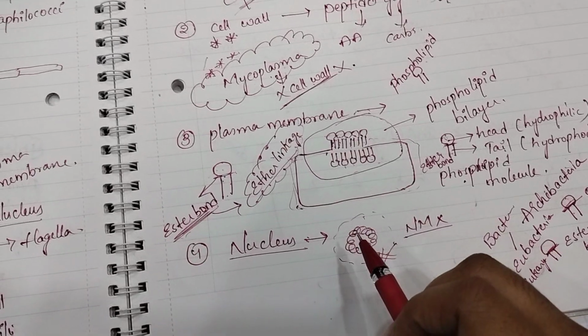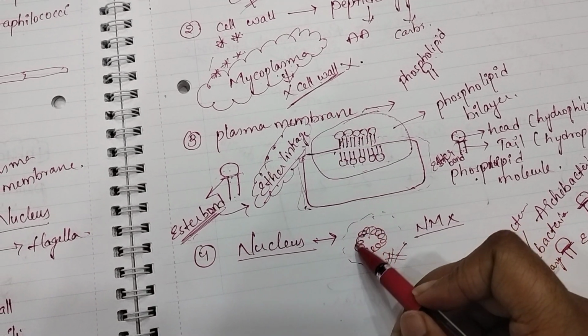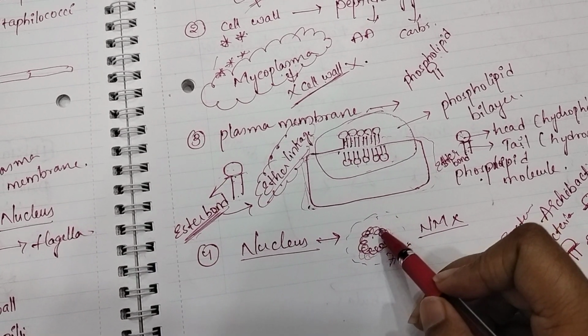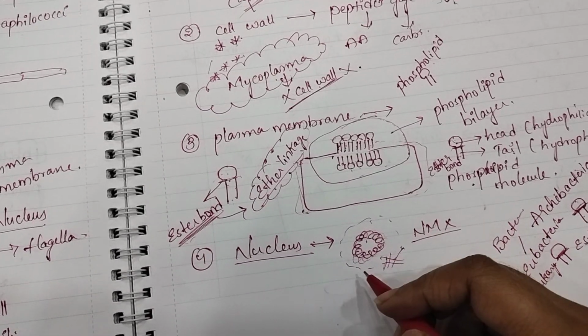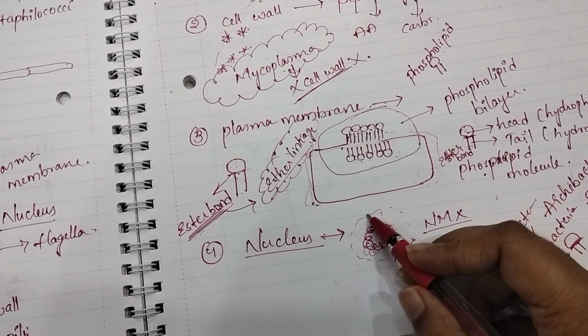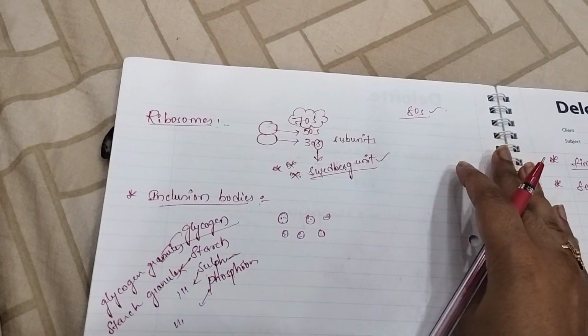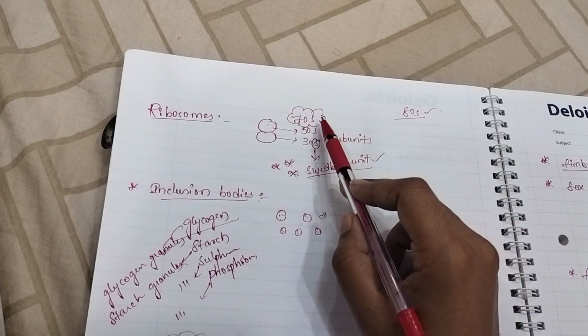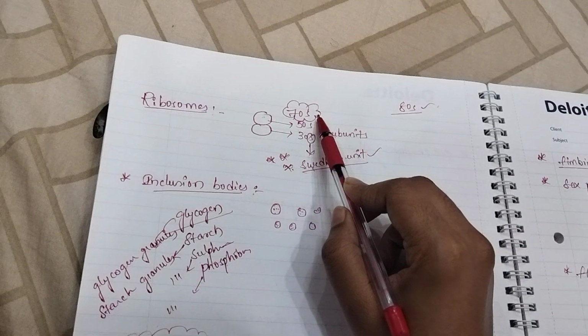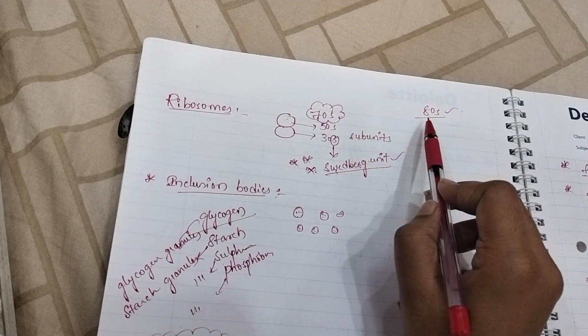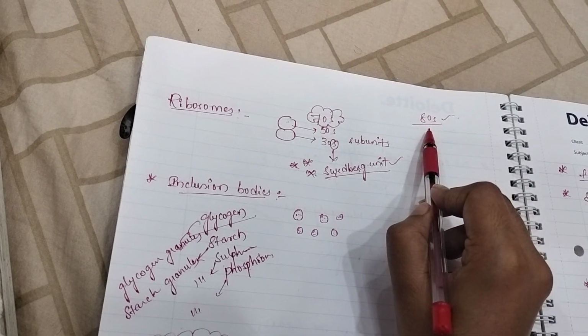And then comes the nucleus. The nucleus is actually circular in shape. It is circular DNA, and it doesn't have any nuclear membrane around it. Then come ribosomes. 70S ribosomes are present in prokaryotes, while in eukaryotes 80S ribosomes are present.